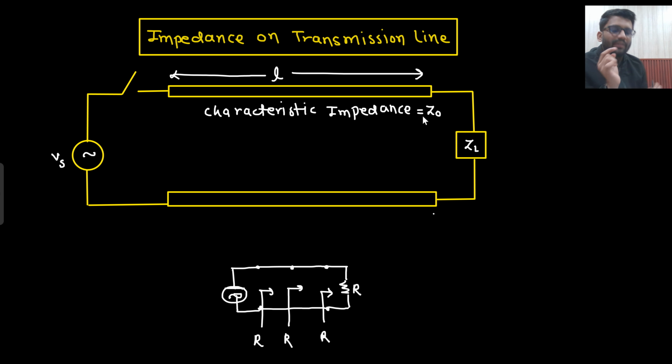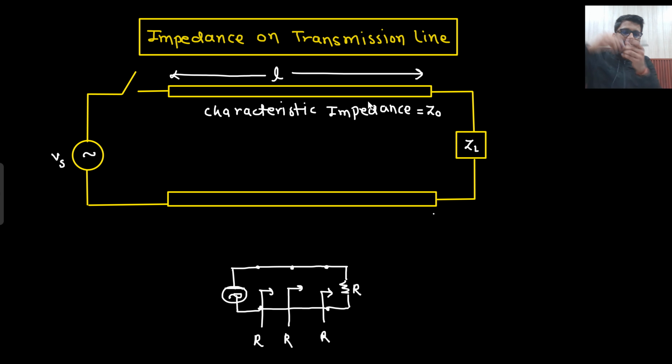That is known as Z0. For a different transmission line, the characteristic impedance value could be 50 ohm, for some it could be 70 ohm, for some it could be 80 ohm. Just remember that it is a characteristic of your transmission line. Whatever transmission line is given, its characteristics are defined by its characteristic impedance, that is Z0. For different kinds of transmission line, it could be different.